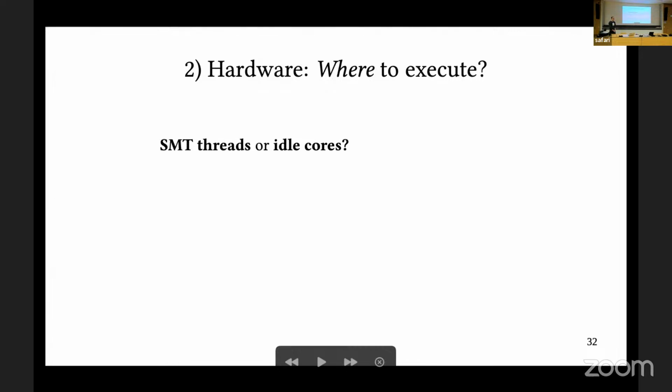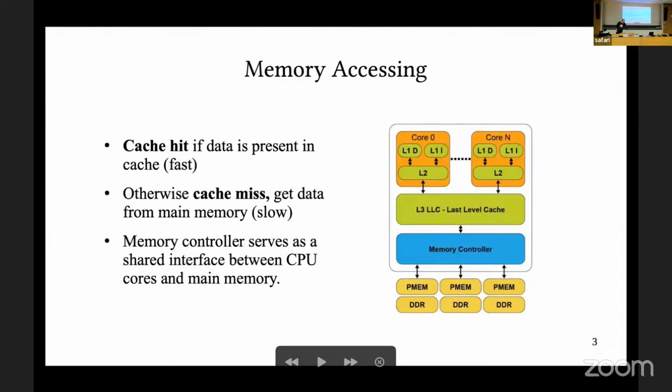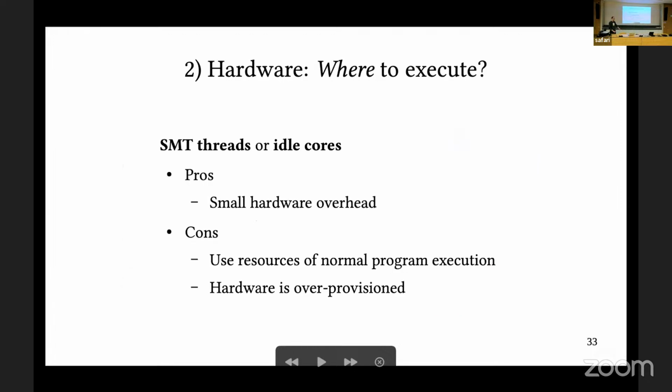Generally speaking, you're using hardware that could be used to execute, right? To make progress, basically, to do work, which is a downside. And another, more subtle thing they mentioned in the paper is that this is a full-blown core, right?